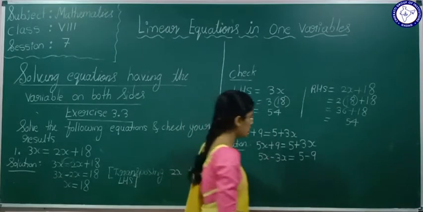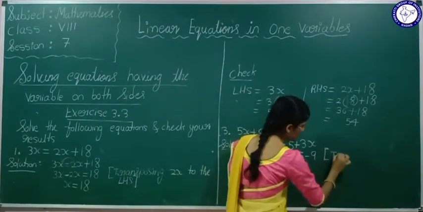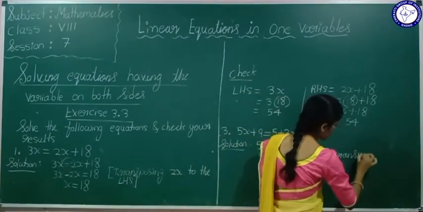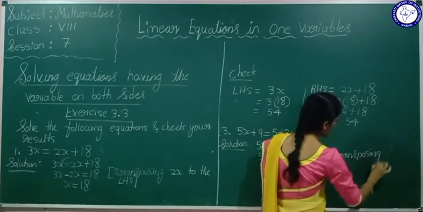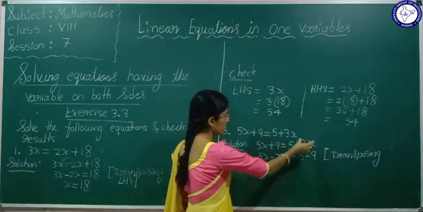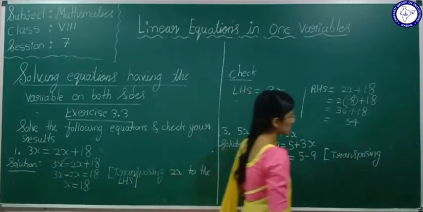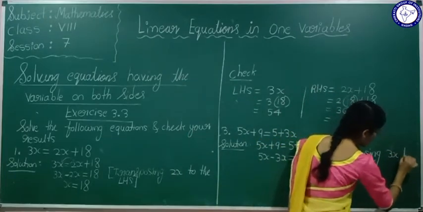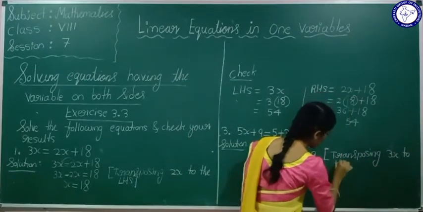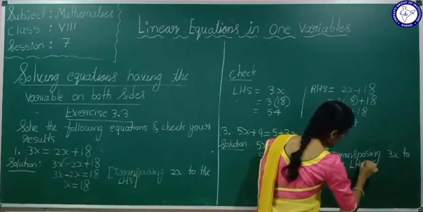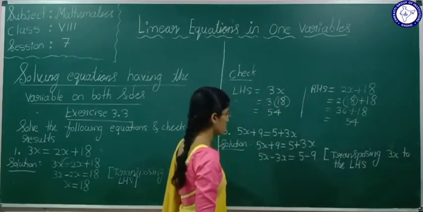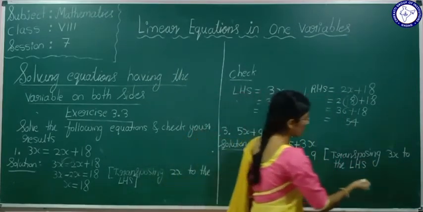What we have done here? Transposing 3x to the LHS, and 9 to the RHS.